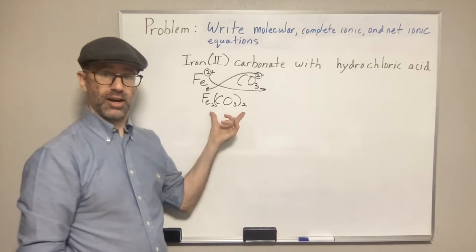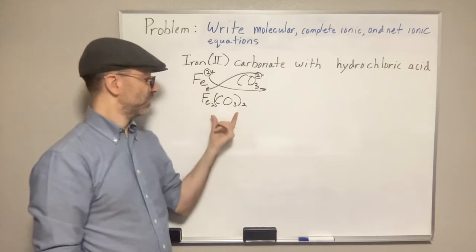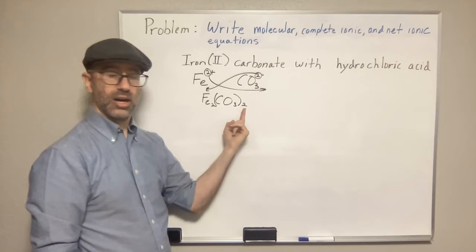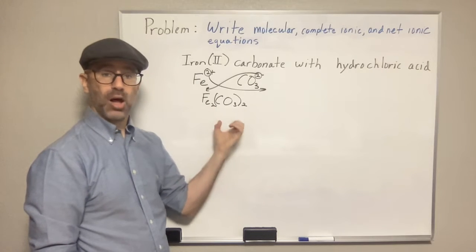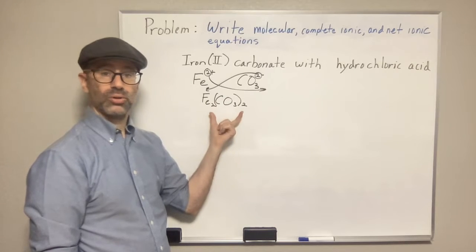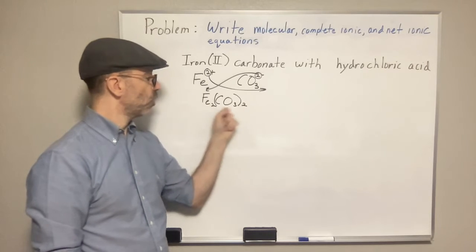However, there's a problem here. You have to be careful when you're doing the crisscross method, and you need to double check that the subscripts, the 2 and the 2, are in their smallest whole number ratio. 2 to 2 is not the smallest whole number ratio. It can be simplified to 1 to 1.